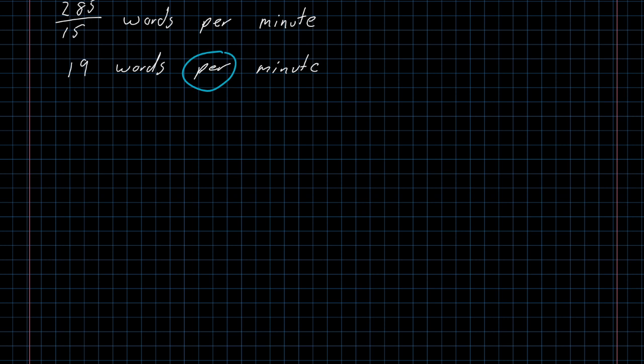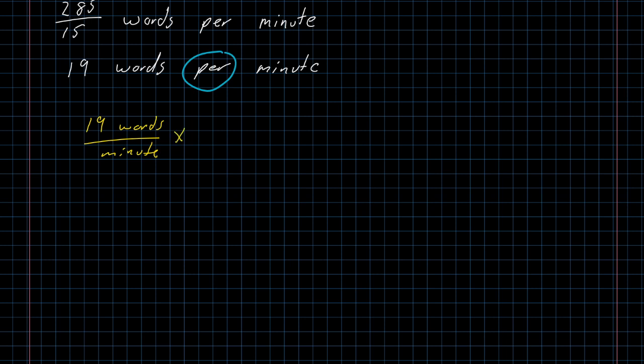All right, I don't care where it has come from anymore. I'm now in this mindset of dealing with 19 words per minute. And I know that that is 19 words over a minute. Again, yeah, I know it was 285 over 15, but we've reduced the fraction. And we've found a nice way of communicating it. I can treat this as a conversion factor in order to solve problems.